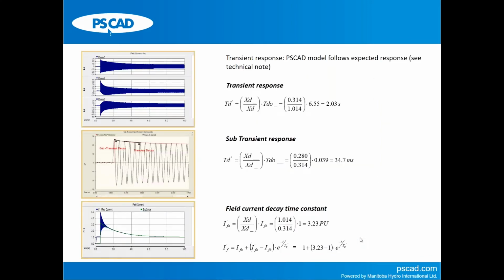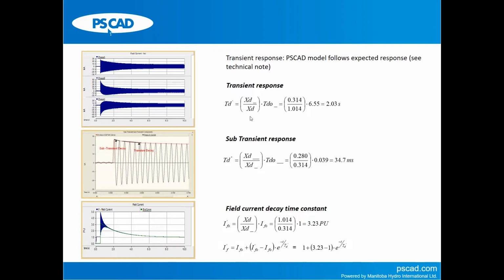We have also done extensive testing to show that SCAT will give the correct transient response as well. What you see here are the three waveforms following a terminal three-phase to ground short circuit, right? You can identify in these waveforms the so-called sub-transient period, the transient period, the decay of field current transient, and so on. You can see this from the waveform simulations in SCAT.